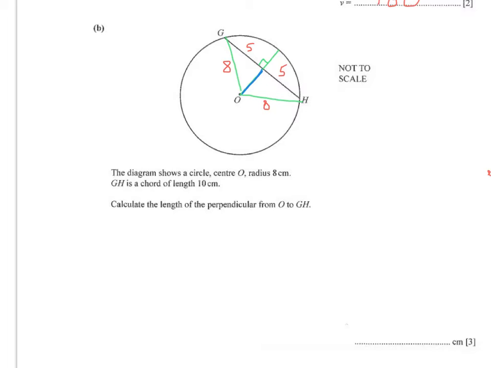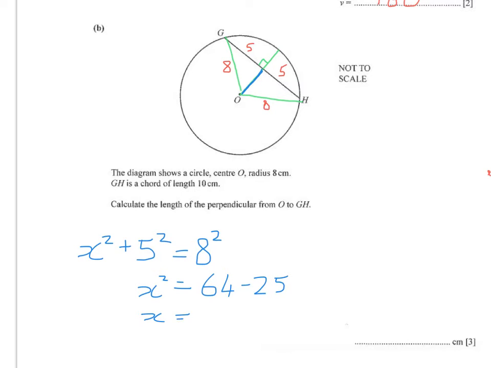Now, I know I can work that out using Pythagoras' theorem, using a right-angled triangle. So we'll call it x. This is one of the smaller sides, isn't it? So x squared plus 5 squared has to be equal to the hypotenuse squared, which is 8 squared. I can do that using either of the two triangles here. So x squared is equal to 64 take away 25.